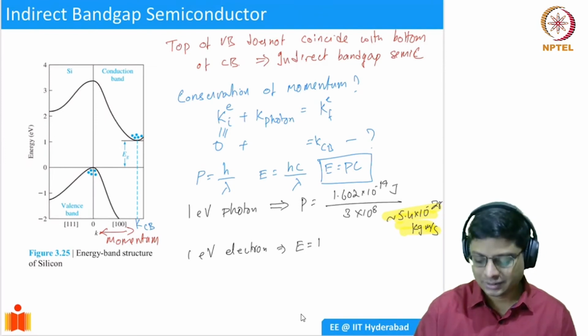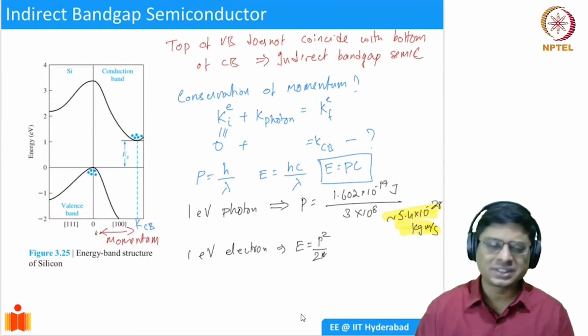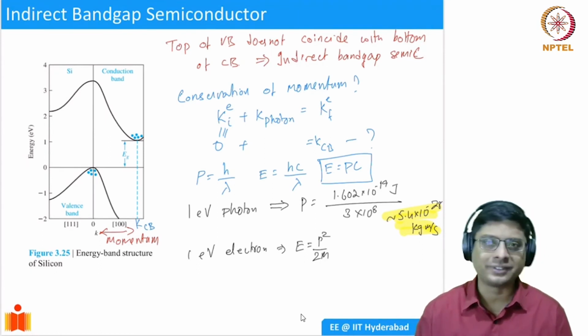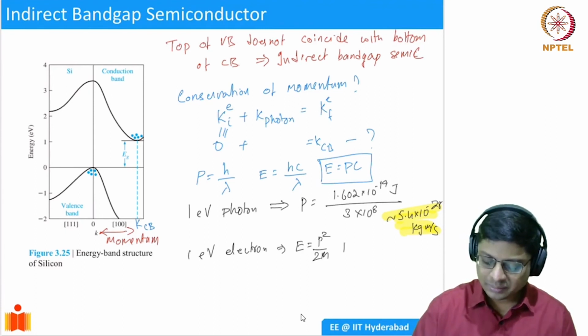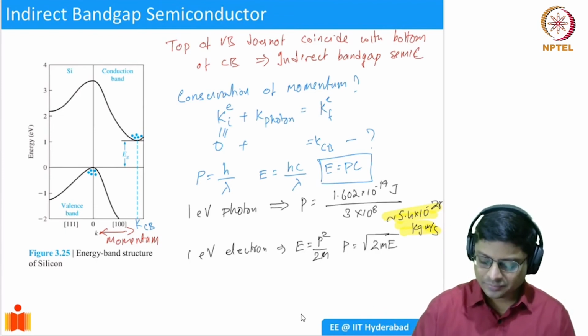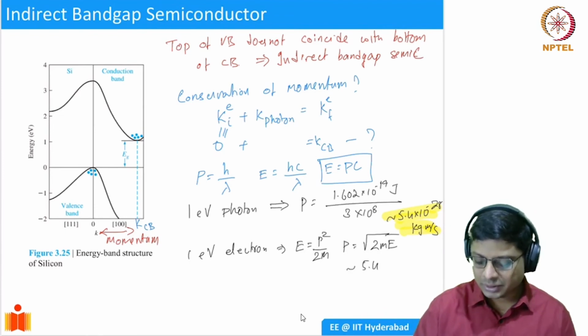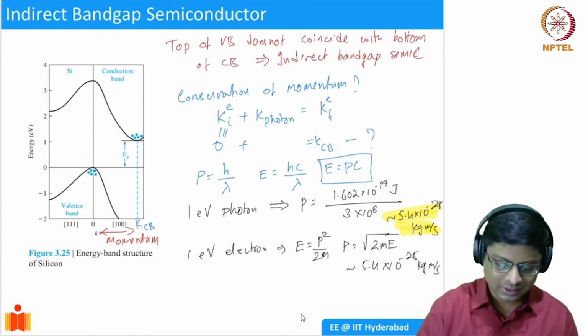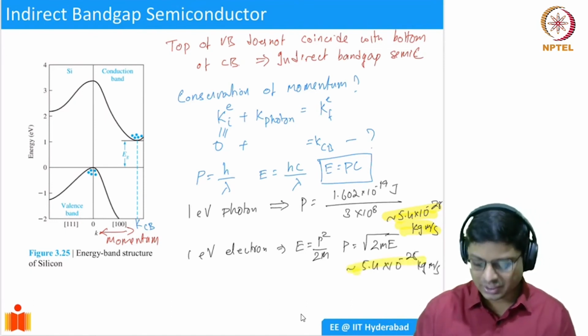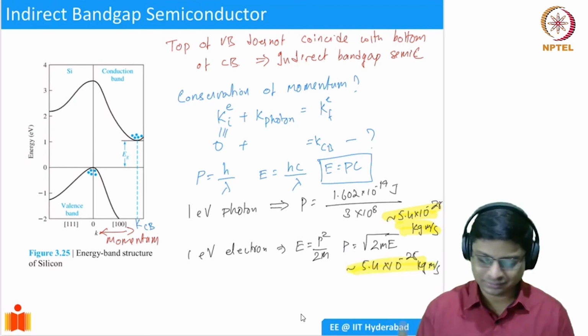You might say, well, this is not exactly a free electron. Yeah, we understand that, but we want to get a rough magnitude. So P will be root of 2mE. And if you calculate this, I believe it turns out to be 5.4 into 10 power minus 25 kg meters per second. Just check it out again. I have just done it before this, so I should be right, but you can verify.